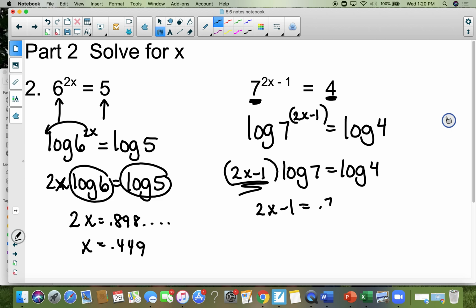And you're going to get 0.71241437442. Then you're going to add 1 to both sides, so just add 1 onto your calculator, and then divide by 2. So x is going to equal 0.856.